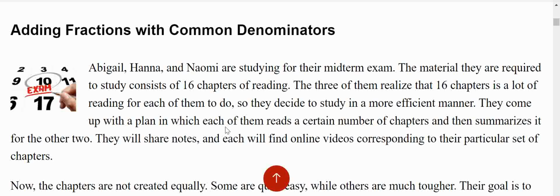They come up with a plan in which each of them reads a certain number of chapters and then summarizes it for the other two. They will share notes, and each will find online videos corresponding to their particular set of chapters.